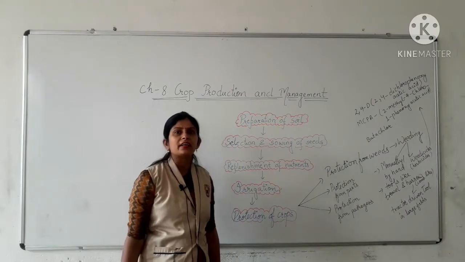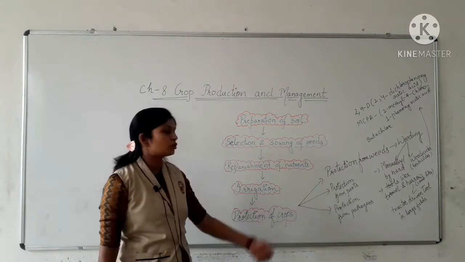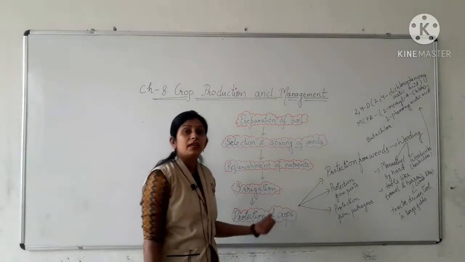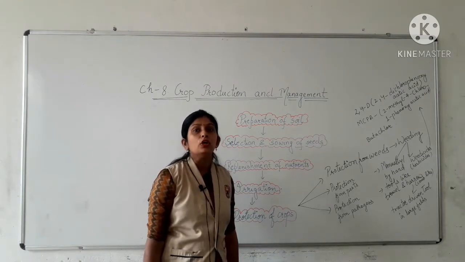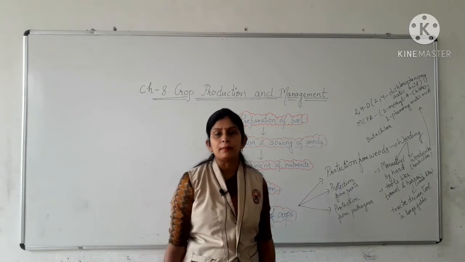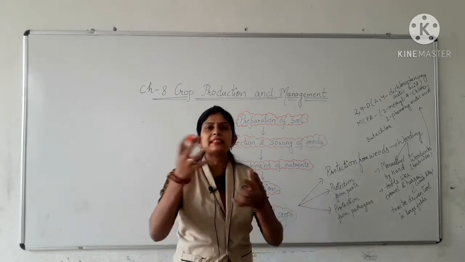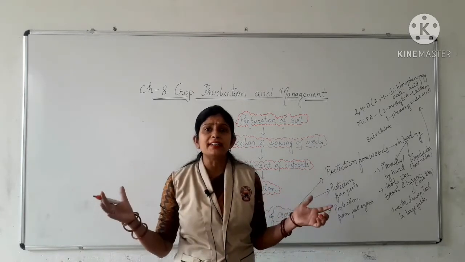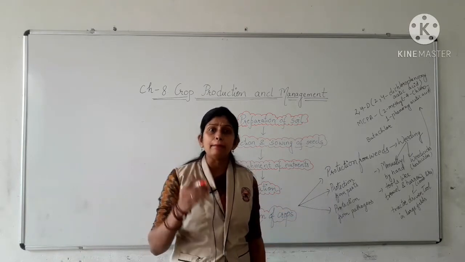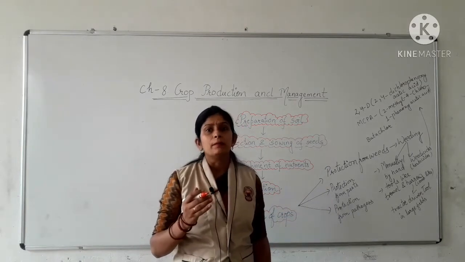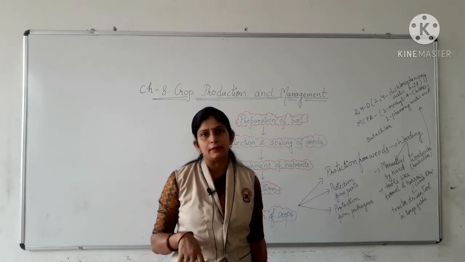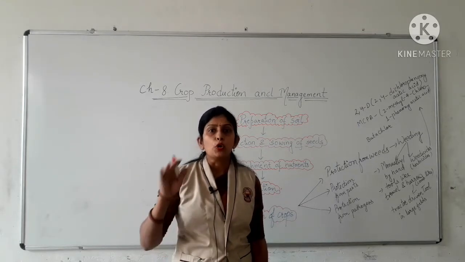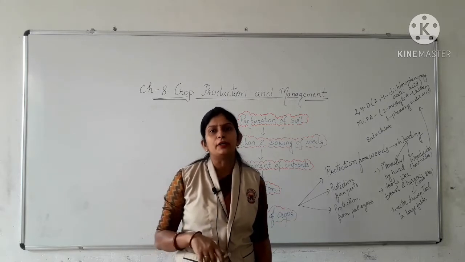Now, the next agricultural practice is protection of crops. See, it is a very important step or method to be carried out by farmers, because there are several factors or agents which can hamper or affect the growth of crops badly, severely, as well as ruin or destroy their quality also.